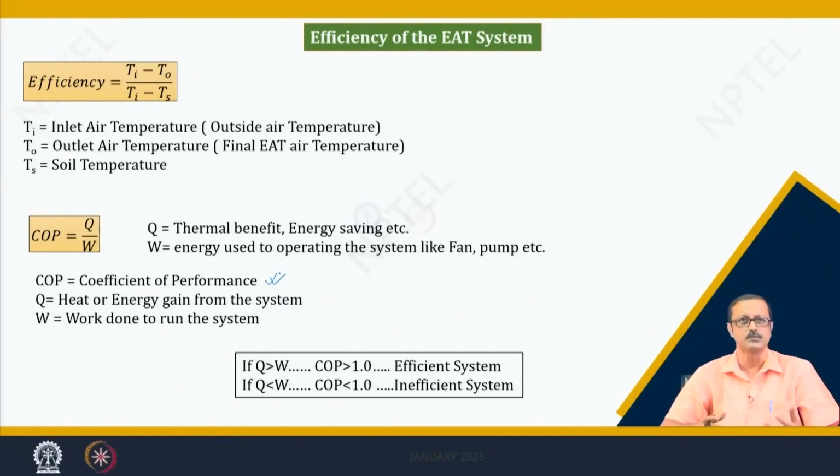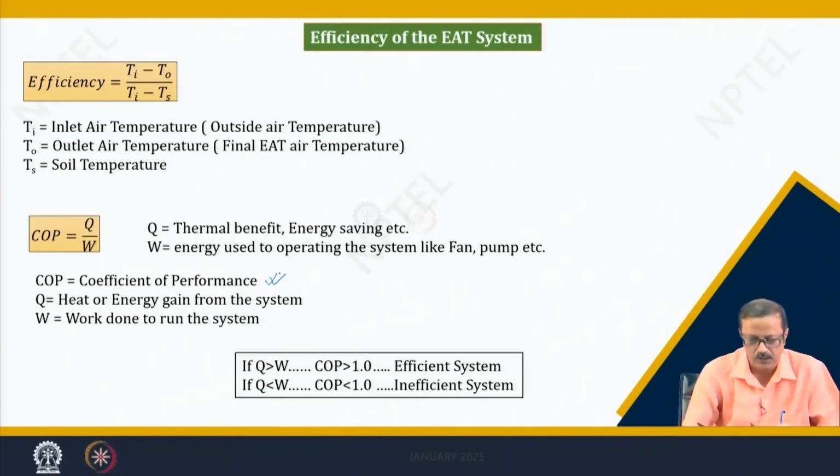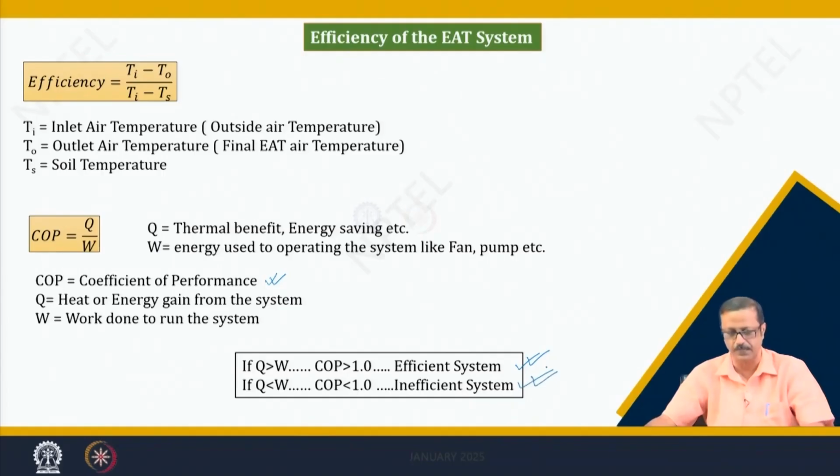So what is your expenditure, and what is your gain, is your Q. The gain versus expenditure is a ratio, and definitely the gain has to be more. Otherwise, why should I adopt it? So if Q is more than W, COP is greater than 1, it is efficient, and if it is less than 1, then it is an inefficient system.